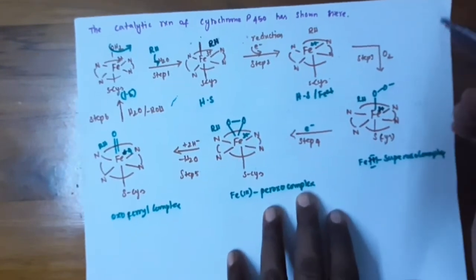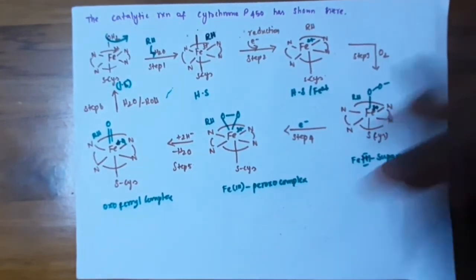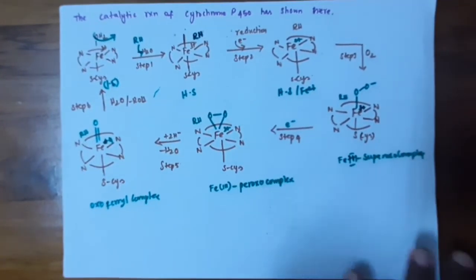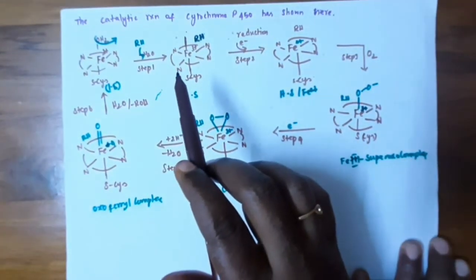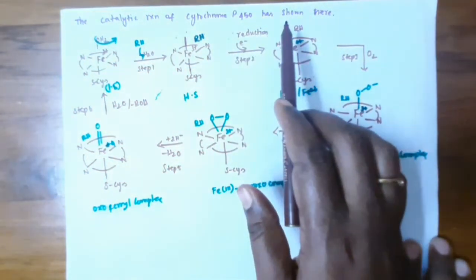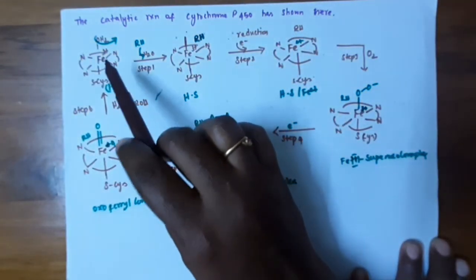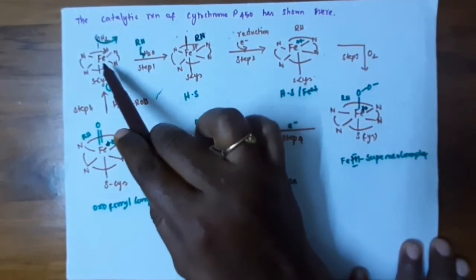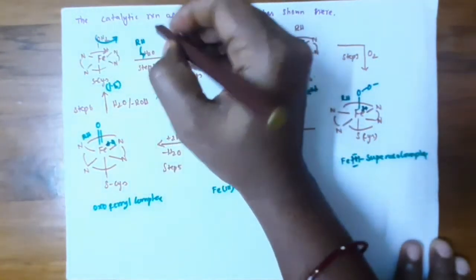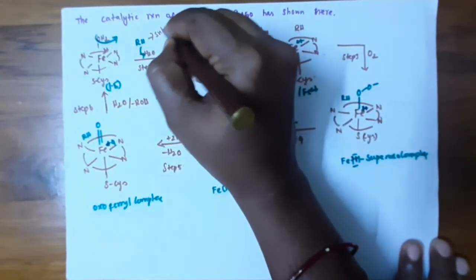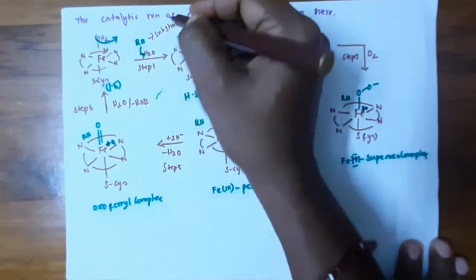Here is the catalytic cyclic reaction of cytochrome P450 as shown. First, this is the structure of cytochrome P450, and this is the organic substrate which is going to react with this enzyme.